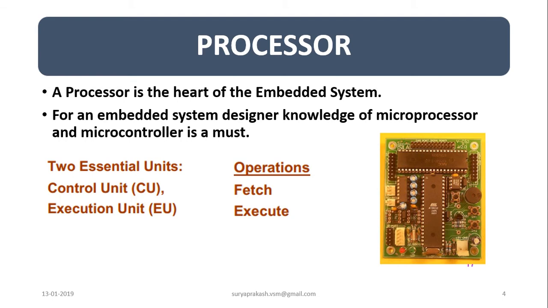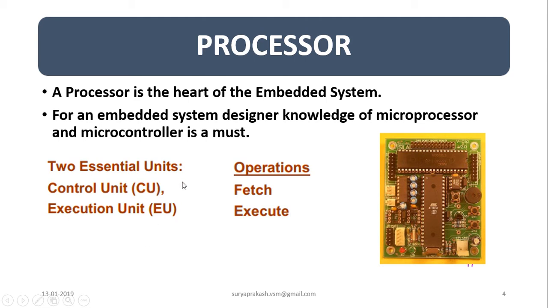In any system, the processor is the heart of an embedded system. For embedded system designers, knowledge of processors and microcontrollers is a must. There are two basic functional units for the effective operation of any processor. The first is the control unit, termed the CU, and the second is the execution unit.